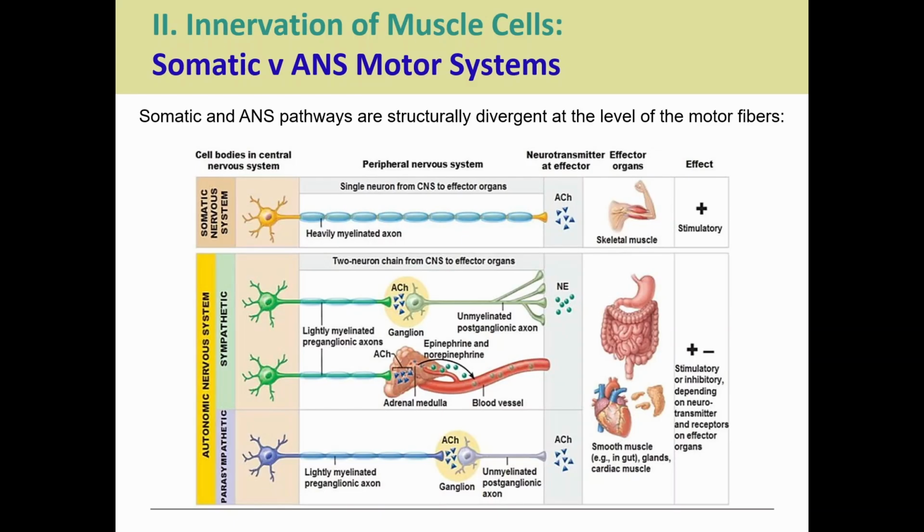But we see that we are using norepinephrine. And then the parasympathetic side, also a 2-neuron chain, but the ganglion is closer to the effector, and we're using acetylcholine. Right, and depending on what we're doing, it might be stimulatory, it might be inhibitory. It depends on the neurotransmitter, right? It depends kind of on what side of the autonomic nervous system it's coming from.